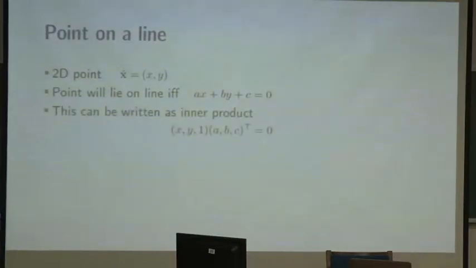Okay, so now you are familiar with this equation. I'm just going to write this equation as a dot product of (x, y, 1) with (a, b, c) equal to 0. I added a 1 because there was no x or y with c. Do I have the transpose the right way? Yes. Okay. So what does this mean? It just means a times x plus b times y plus c is equal to 0, which is what the equation is.